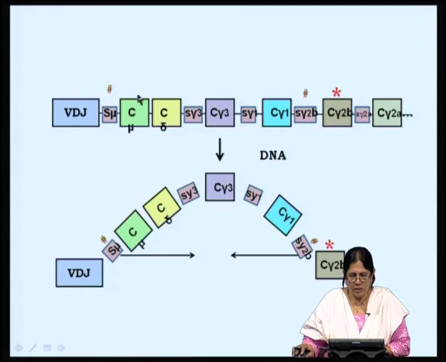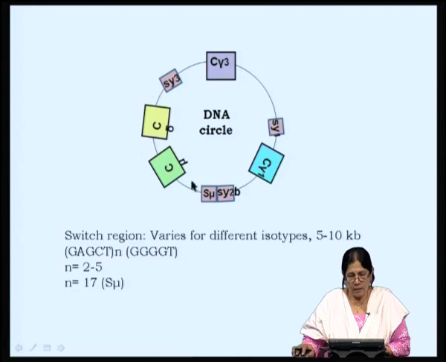But of course, since this part would be deleted, the cell can no longer go back to making these isotypes. So, once again there is cleavage and deletion of an entire sequence, in this case the constant domain genes.